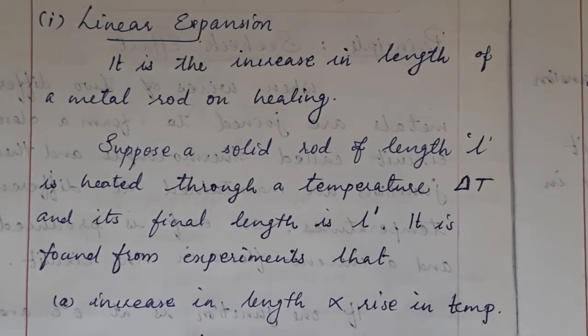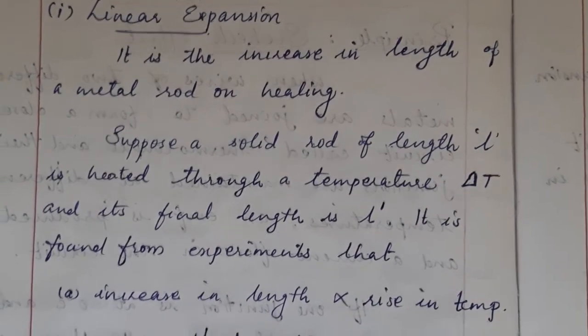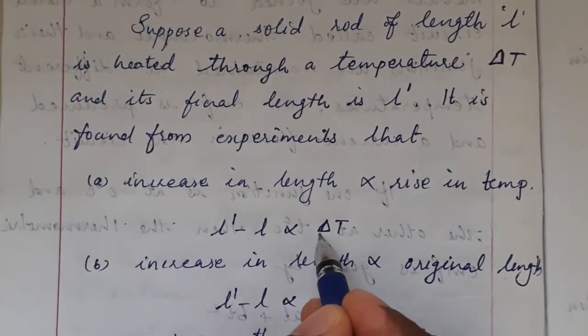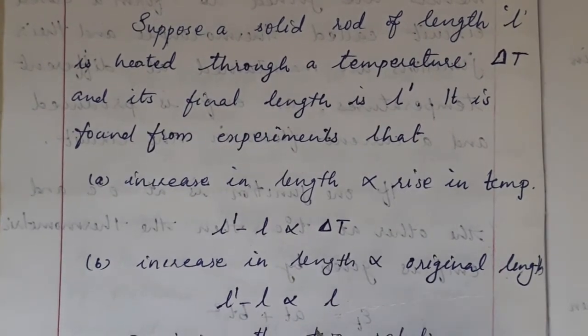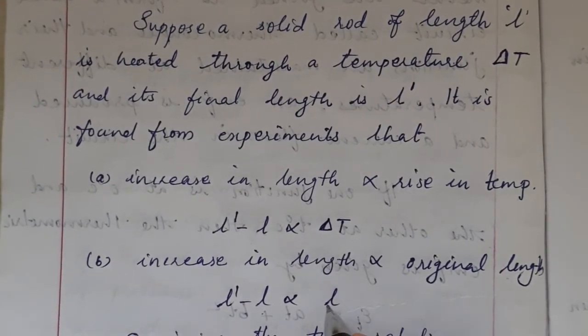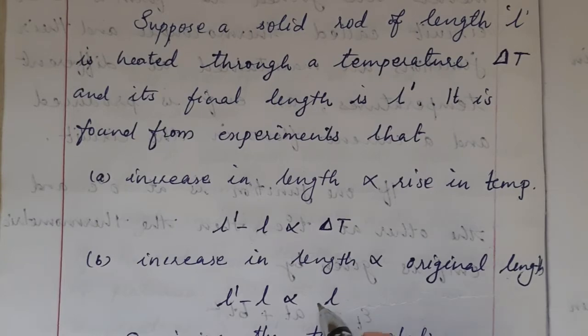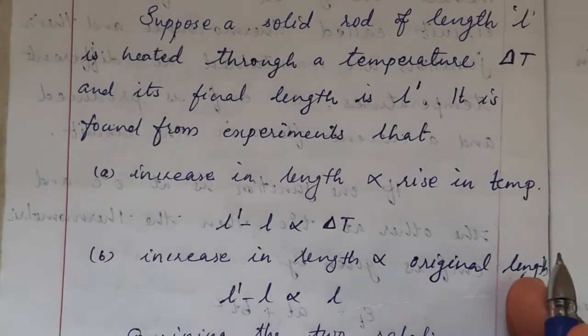One is the temperature rise, that is, L dash minus L is proportional to the temperature change delta T. It also depends on the original length of the conductor. That means if you take a long wire and heat it, it will expand much more compared to a short wire.